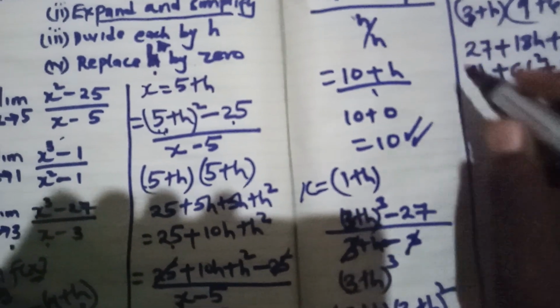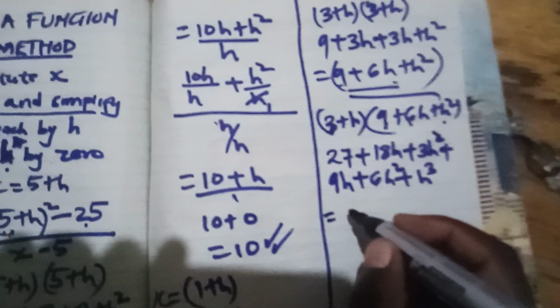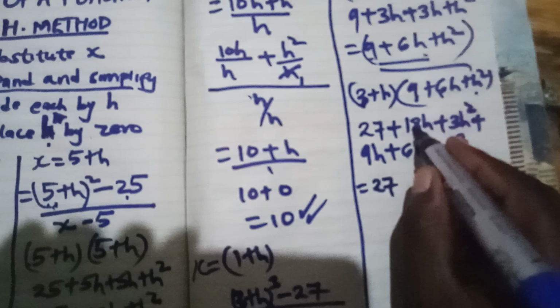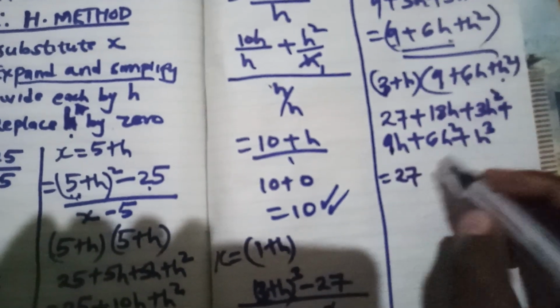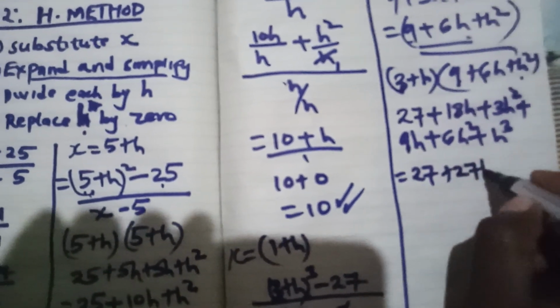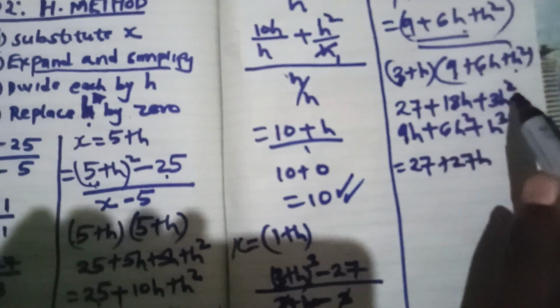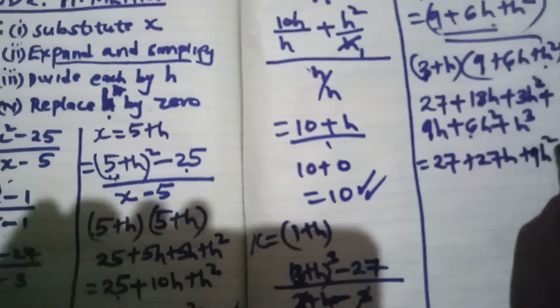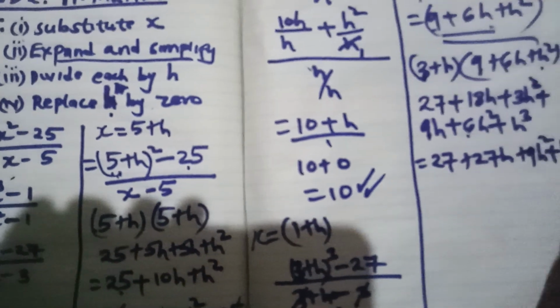So we have to collect the like terms. The constant is going to be 27. This one plus this one is also giving us 27h. Then squared and squared, we have 9h squared plus h cubed.